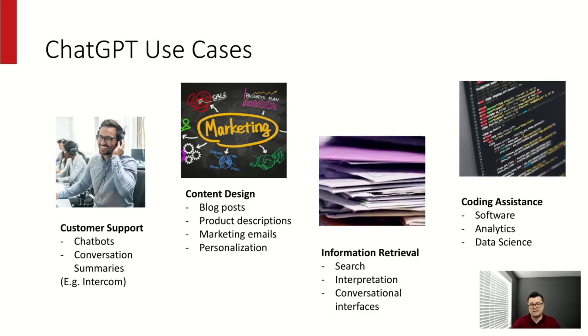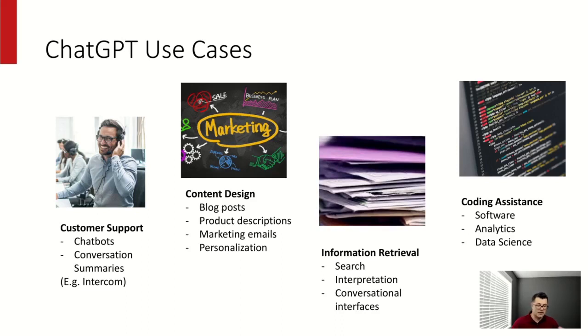And then on the content design side, things like help editing blogs, assistant in writing product descriptions, marketing emails, and personalization. On the information retrieval side, it would be things like search, interpretation, and basically conversational interfaces to retrieve information. And then lastly, coding assistance would be another example.